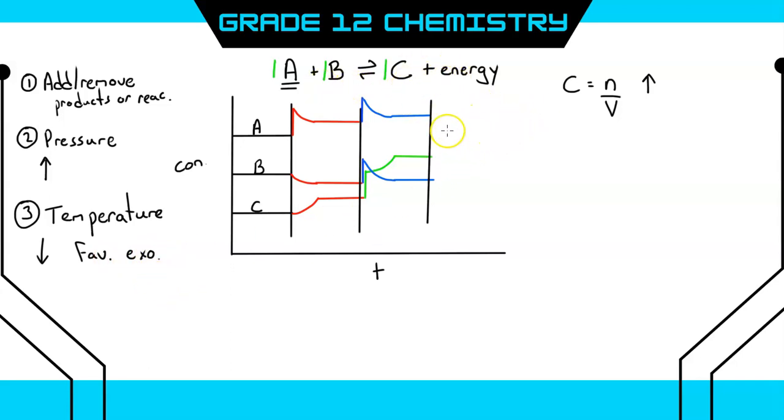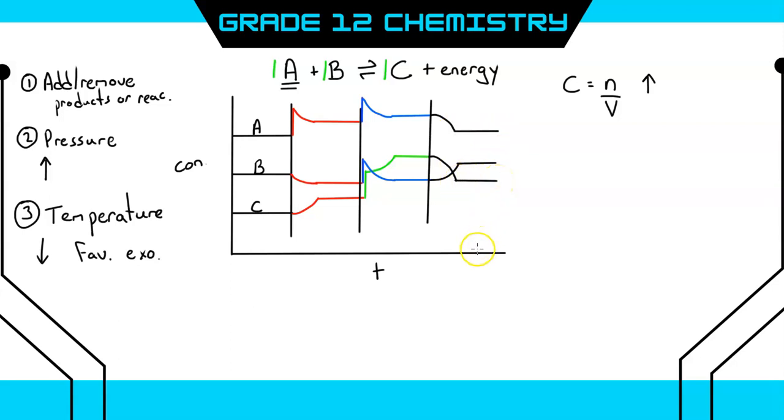So when we decrease the temperature, all of these are going to favor our forward reaction. We will increase our product C, and B and A will decrease, like so, until they reach some sort of new equilibrium concentrations.